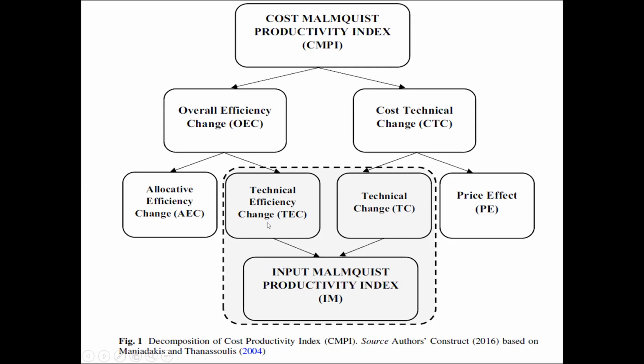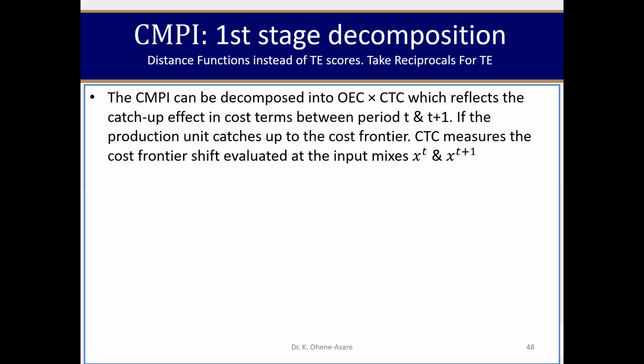No. The reason why it cannot be the technical is that in this very context, when we estimated the normal technical productivity, we got to know what was driving it. It was the EC, the efficiency change.